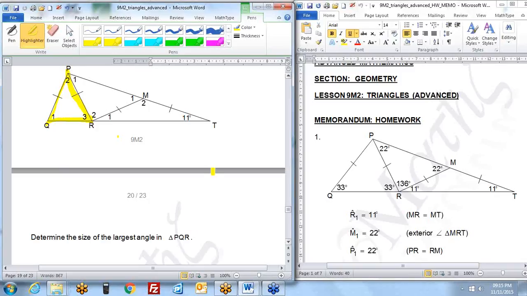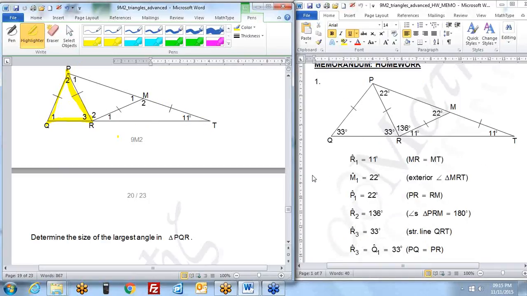Right, let's quickly look. They give you that MR equals MT and PQ equals PR, and then they give you one angle here, angle MTR, which equals 11 degrees.